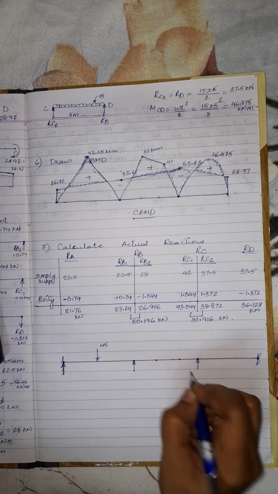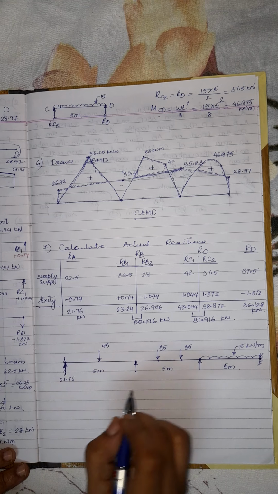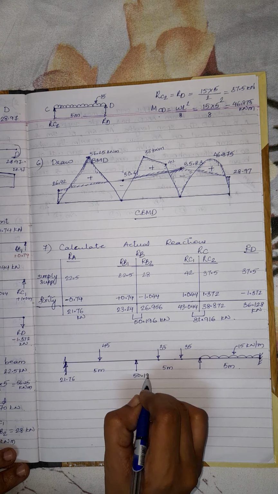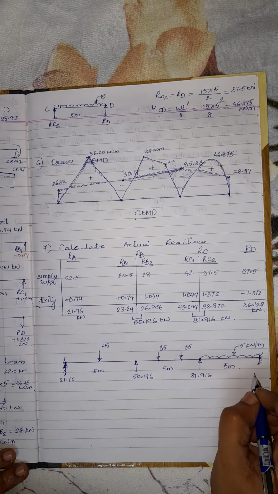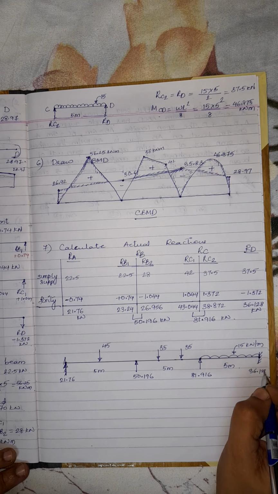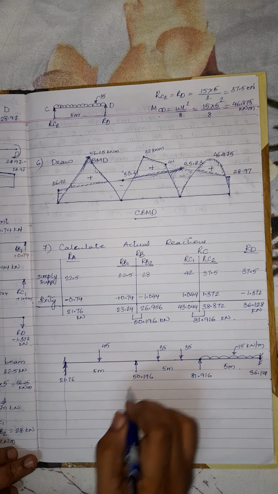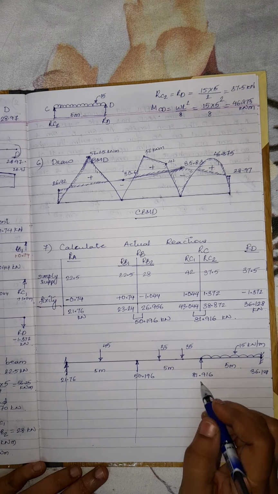We have 15 kilonewton per meter. And we have a 5 meter span. Fine. Now these are the reactions which we get: 21.76, 50.196, 81.916 and 36.128. Okay, let us draw the shear force diagram.